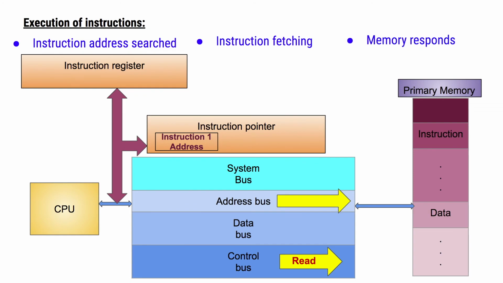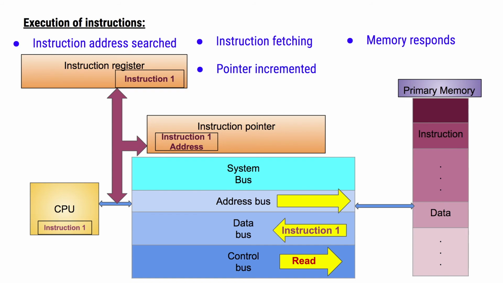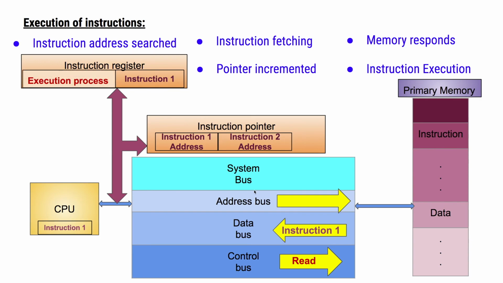Memory responds by sending a copy of the state of the bits at that memory location on the data bus, which the CPU then copies into the instruction register. The instruction pointer is automatically incremented then to the next instruction in the memory. The CPU then starts execution of that instruction by executing the instruction within the instruction register. After execution of the first instruction, the CPU again repeats the same process, starting from instruction fetching till instruction execution, and continues it till it receives a halt instruction, where it stops and sends the output to the output screen.